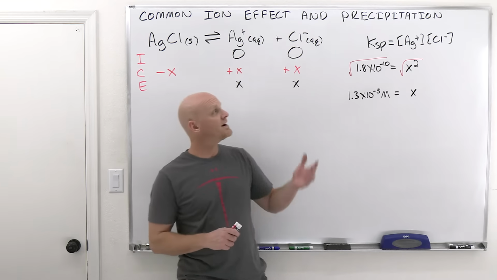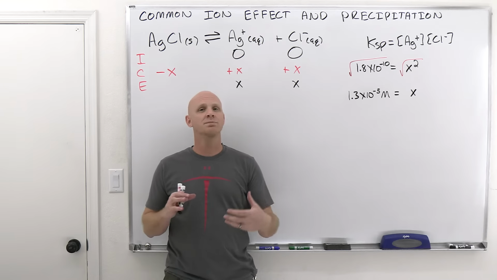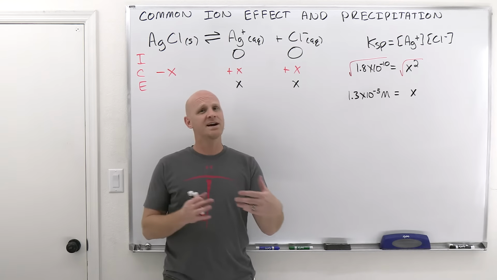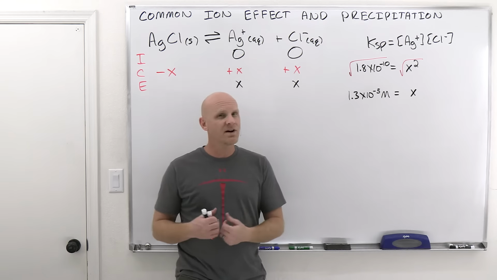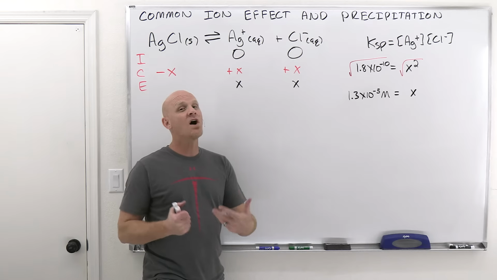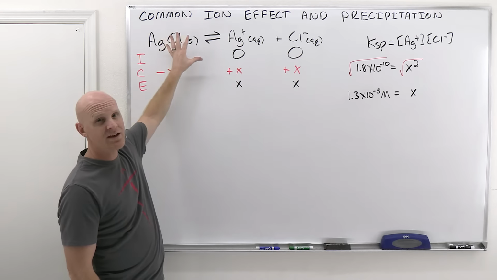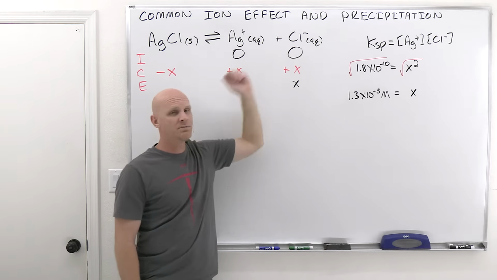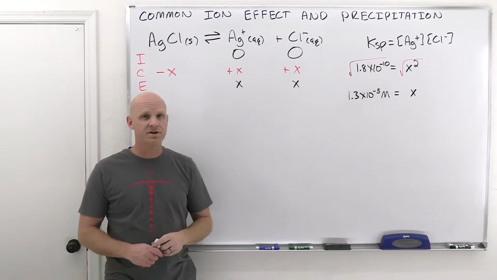All right, so the common ion effect and precipitation. This is the second lesson talking about solubility equilibria. In the last lesson, we talked about solubility, Ksp, and the relationship between Ksp and the molar solubility. But now we're going to find out what happens when you have a common ion, and we'll define that here in the context of AgCl. AgCl dissociates to give Ag+ and Cl-. It's got a fairly low Ksp value, so it's not the most soluble thing in the world.